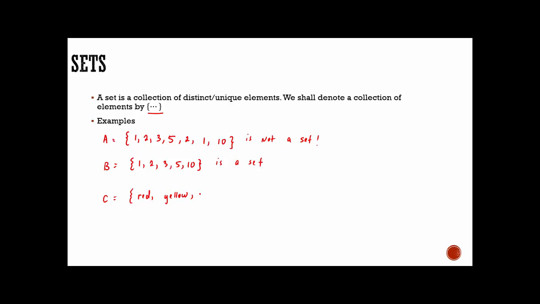So we can say yellow, green, red, yellow, which in this case again is not a set because we have some elements that are repeated, and then red, yellow, and green, this is a set.